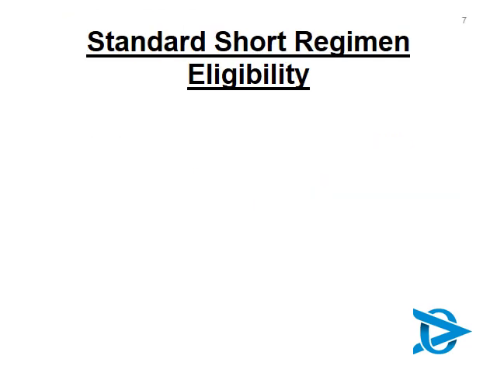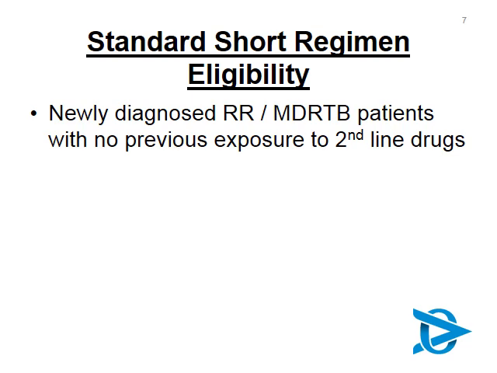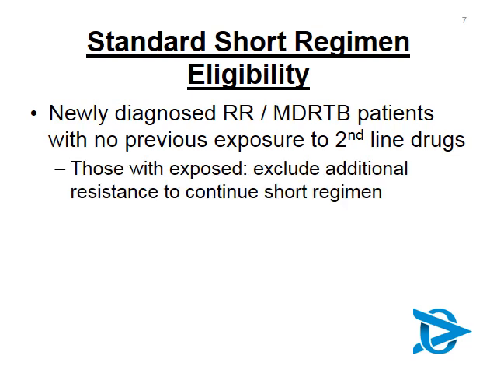Let us look at the eligibility criteria of patients for starting the 9 to 12 month short MDR-TB regimen. Basically, all newly diagnosed RIF-resistant patients or MDR-TB patients with no previous exposure to second-line drugs automatically qualify for the short regimen.